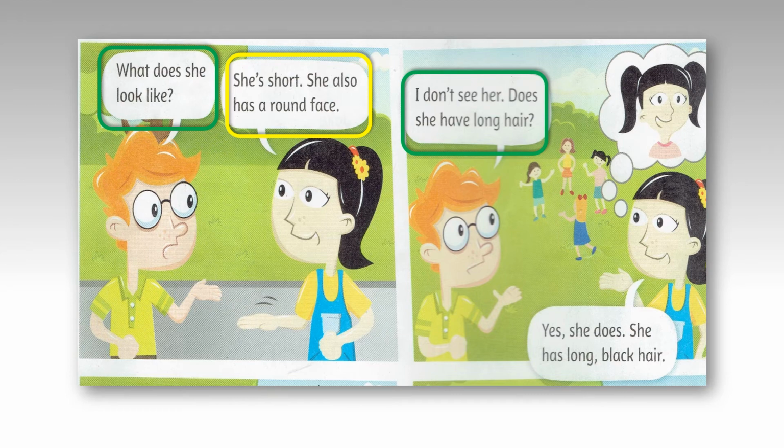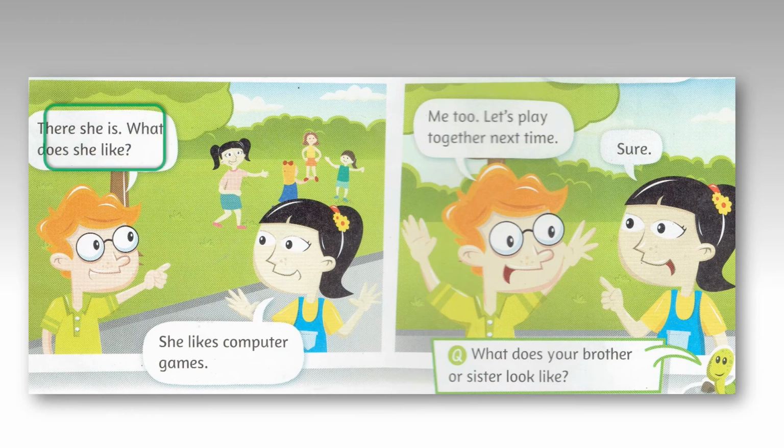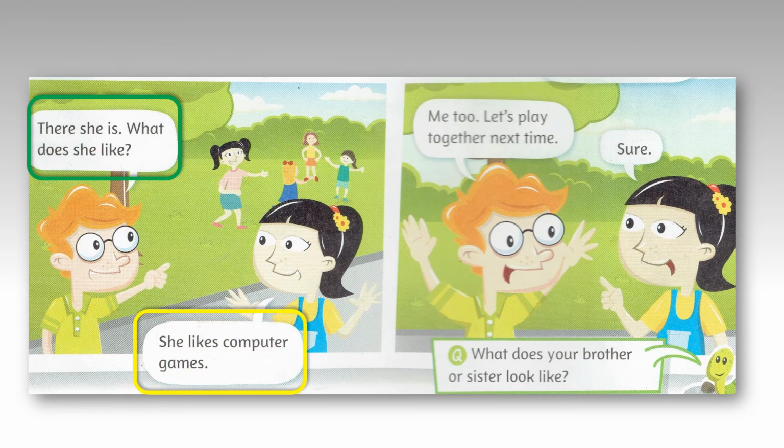I don't see her. Does she have long hair? Yes, she does. She has long, black hair. There she is. What does she like? She likes computer games. Me too. Let's play together next time. Sure.